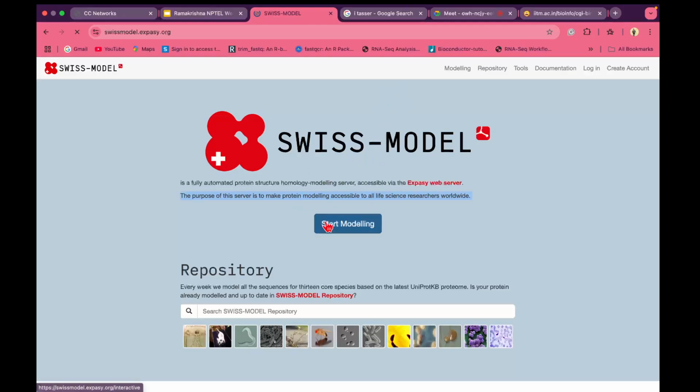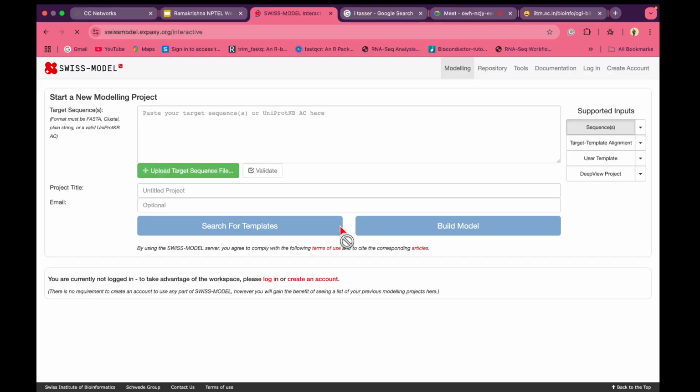So to start, click on start modeling from the home page. Here it asks for a UniProt sequence or any protein sequence as an input.